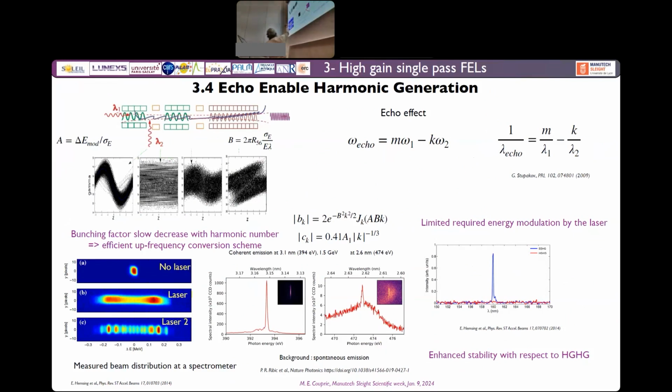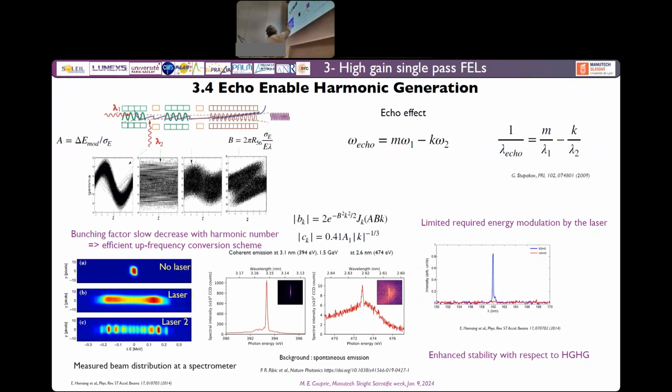Then we go into a dispersive section where we really have this modulation set. And then we send a second laser, which imprints a new energy modulation on an already modulated electron beam.